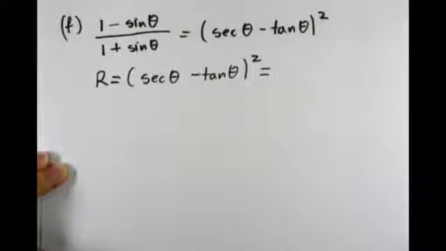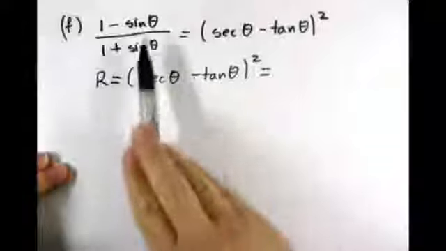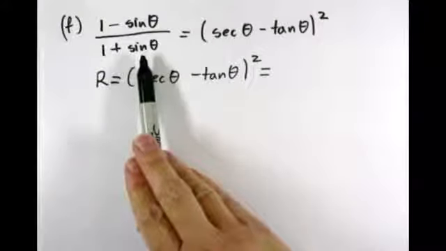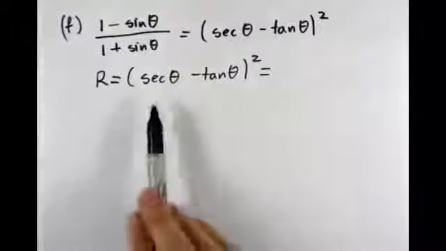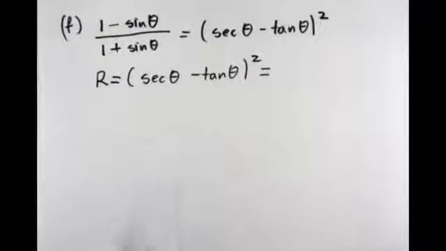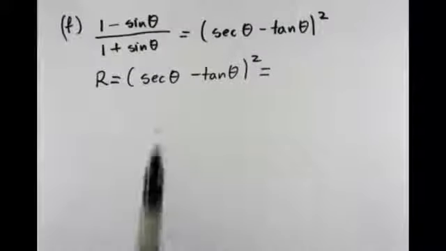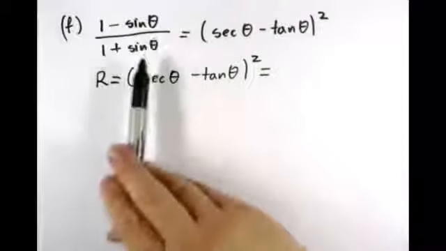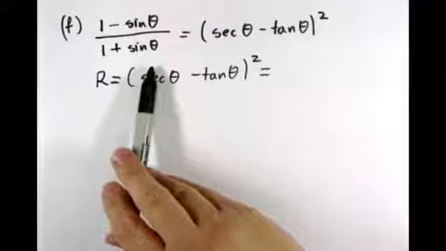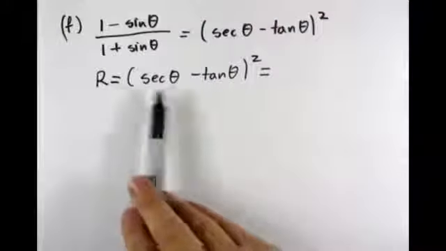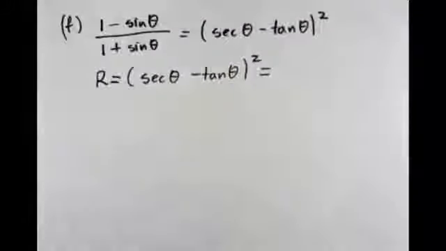At the end, we do need to end up with sine over cos, so we need to change secant and tangent into sines and cos, according to the formulae for what they are.